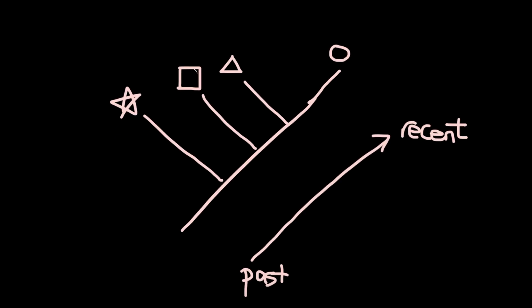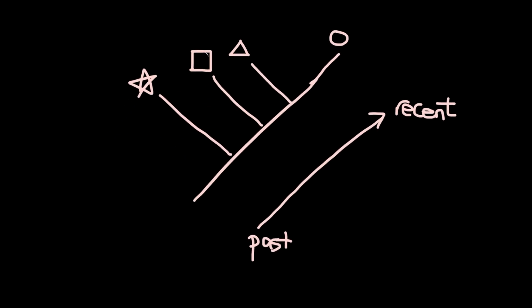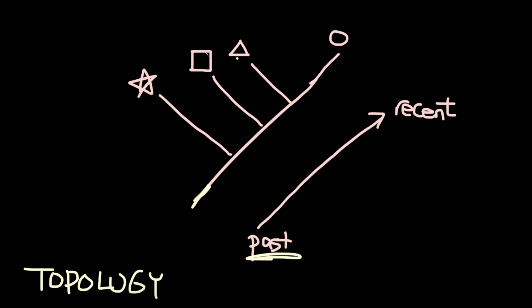So what we're concerned about is topology. The question that they might ask you is, is the square more related to a star or to a triangle? Or is a triangle more related to this or that? The root of the tree is always indicating the past, and the top of the tree is more recent. If something is more related, they have a more recent common ancestor.